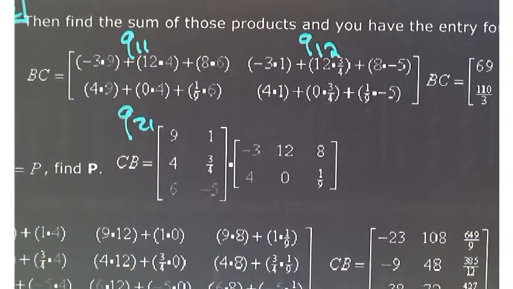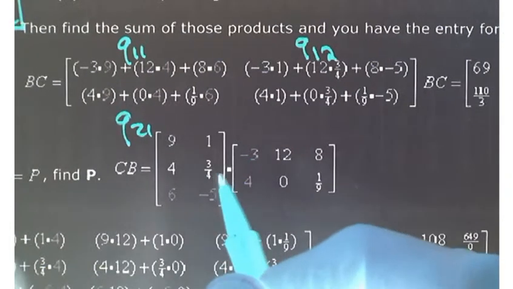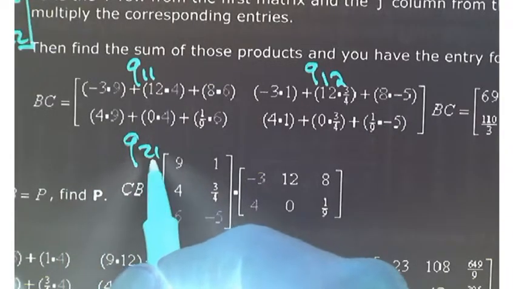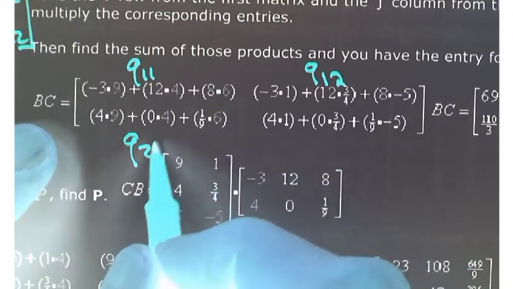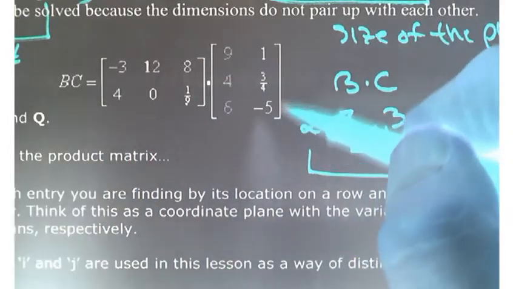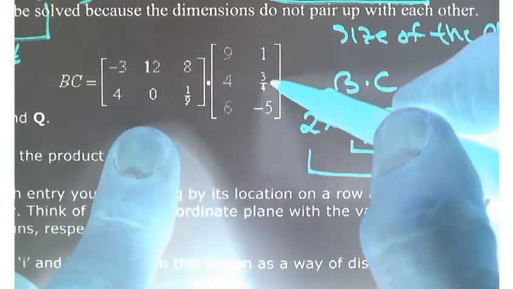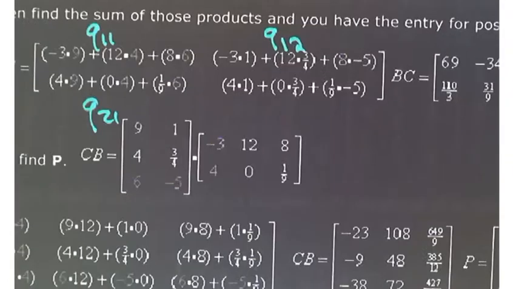So to get Q21, Michael, what do I multiply together to get Q21? So, let's see, actually we'll start with B, right? B row 2 and C column 1. So it's going to be row 2 times column 1. So 4 times 1 plus 0 times 3/4 plus 1/9 times negative 5. That's exactly what we have here.